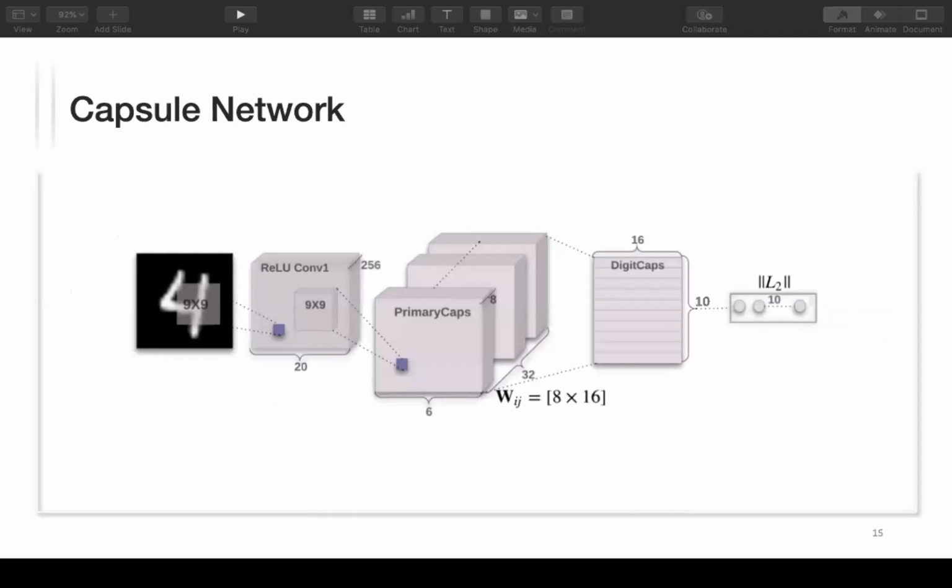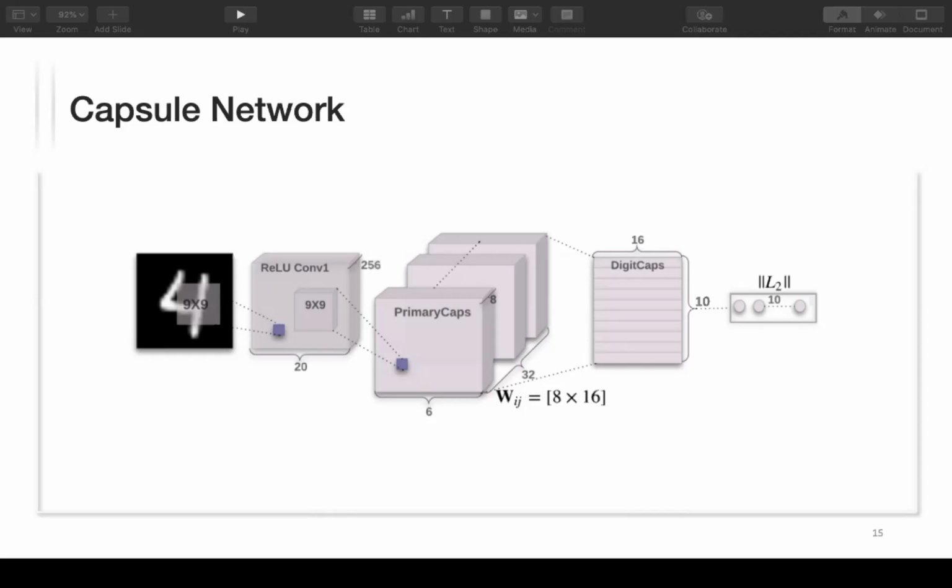So to take an overview of the capsule network, look at this. First, we still use the convolutional layer to extract the basic features. After that, we apply the capsule layers to the extracted features.